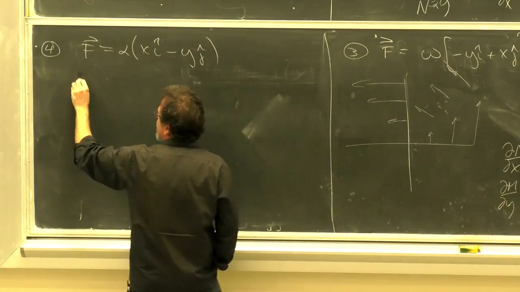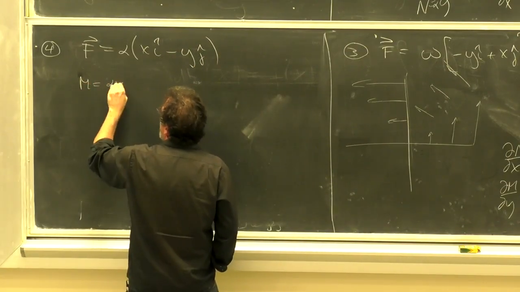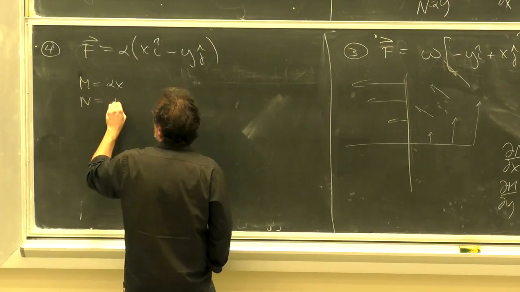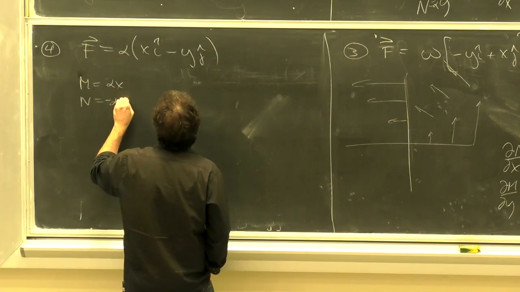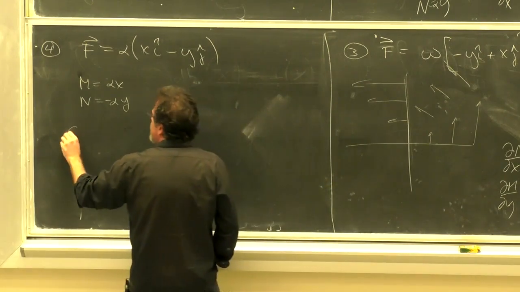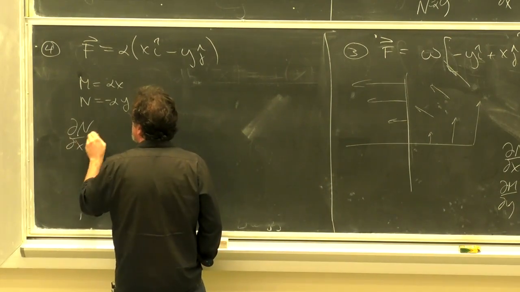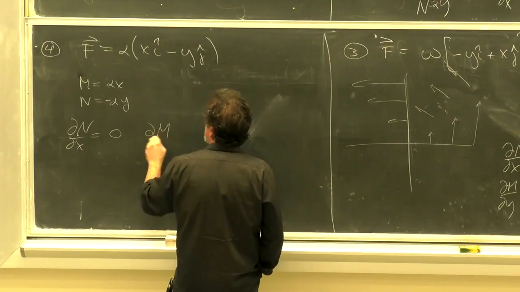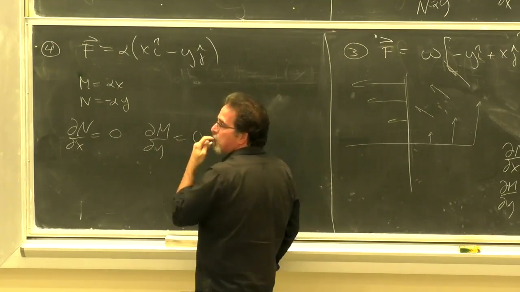And just to do this example, M is equal to alpha x, N is equal to negative alpha y. And in this case, dN/dx is equal to 0, and dM/dy is equal to 0. Okay?